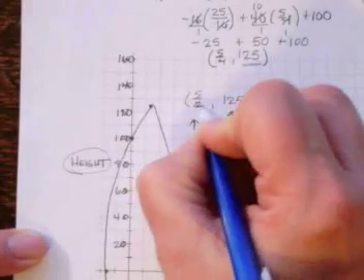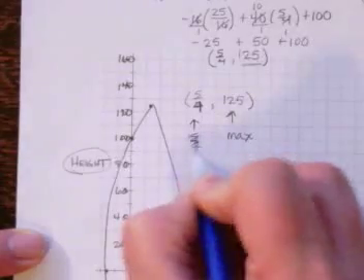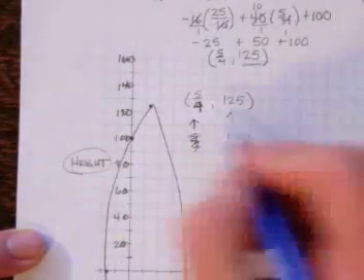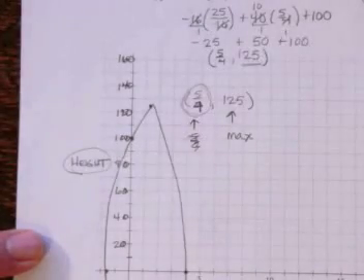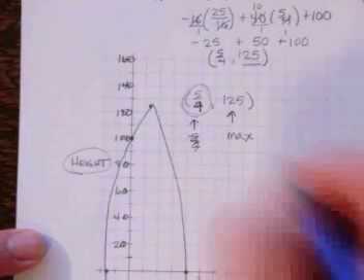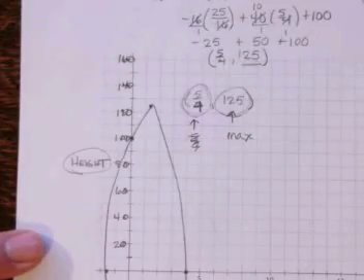Excuse me, that's 5/4. 5/4 of a second. So our maximum height is obtained after 5/4 of a second, or just a little more than 1 second. And that maximum height is 125 feet.